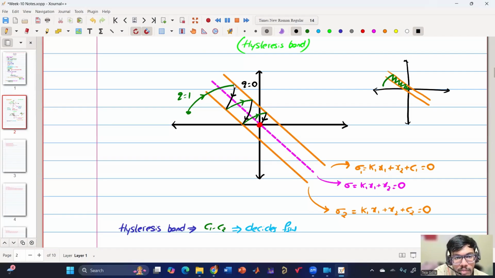On this side of the region, sigma 1 is positive, and on this side, sigma 2 is negative, because below this line, the value of sigma 2 will be negative. On the line sigma 2 is 0, and above it sigma 2 is positive. Similarly, sigma 1 is positive above its line, 0 on the line, and negative below this line.